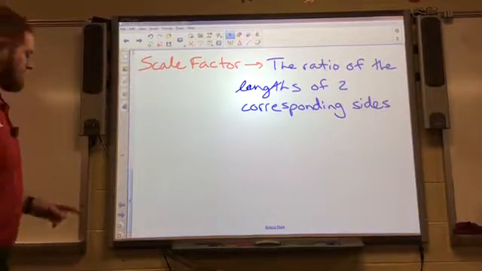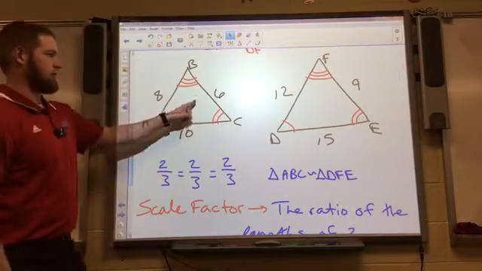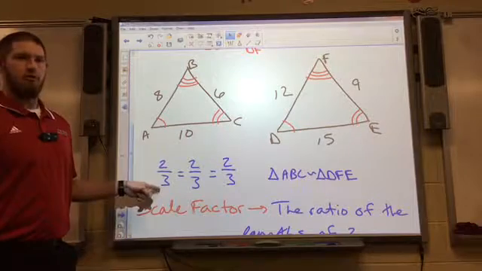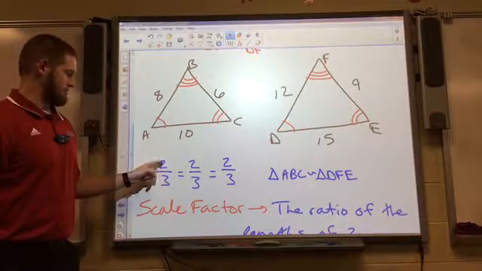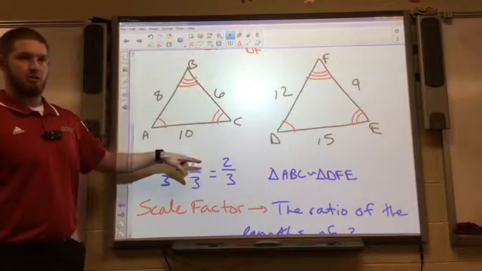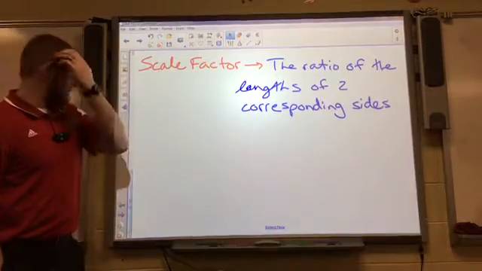So knowing that, what is the scale factor of this triangle to that triangle? 2 to 3. Your scale factor is 2 to 3 because that's your ratio of one side to another. And they're similar shapes. They have to be similar shapes to have that scale factor.